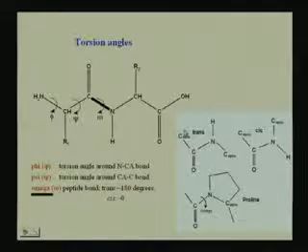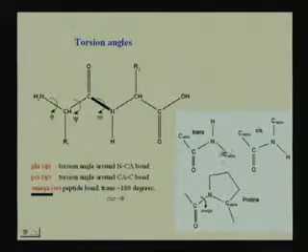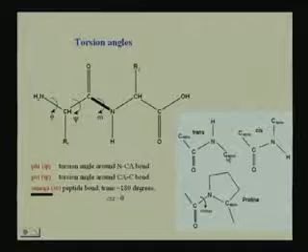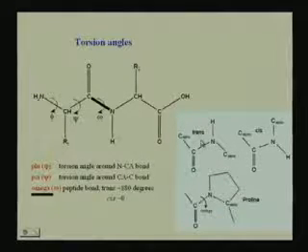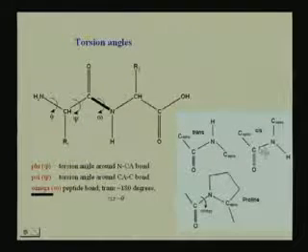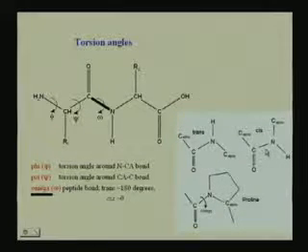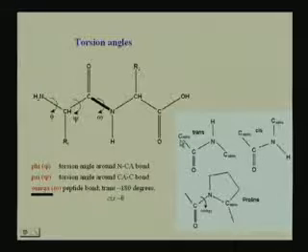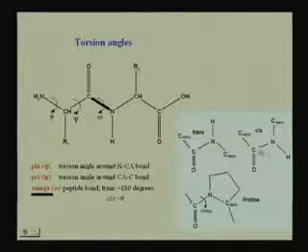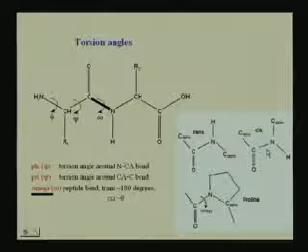So if this is R1 and this is R2, what sort of orientation is this? Trans. Right? If I rotate about the peptide bond, what can I have this become? Cis. Is that clear? So normally you can have a trans. In very rare cases you have cis.